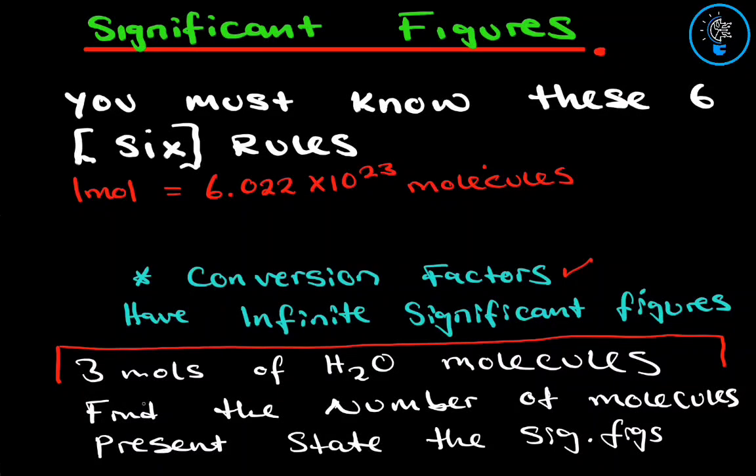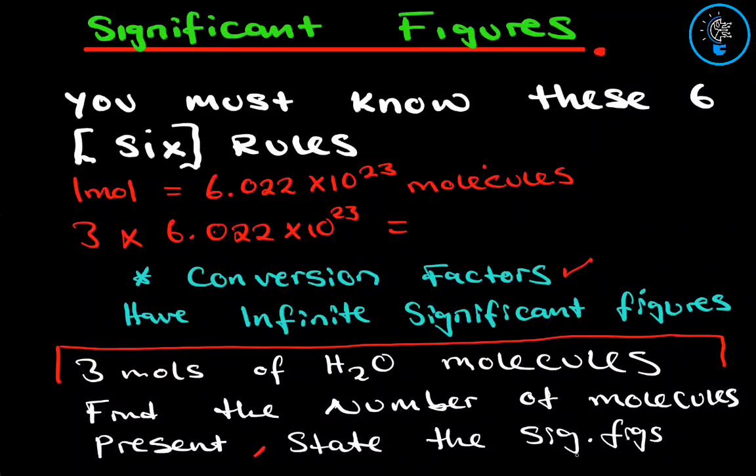So since we are told to find the number of molecules present in 3 moles, we can say 3 times this particular number, so 3 times the Avogadro's constant. The answer that we are going to get is the solution for the first part.